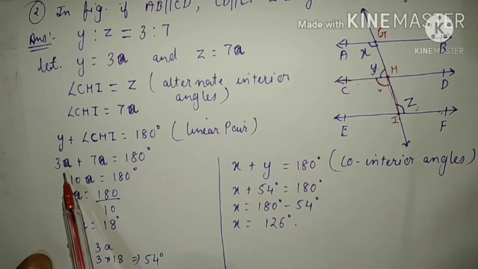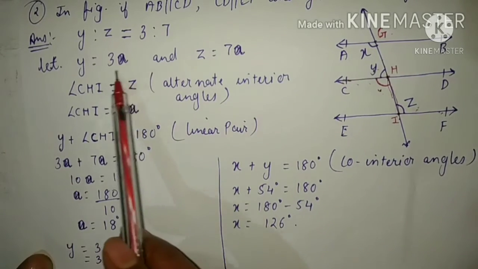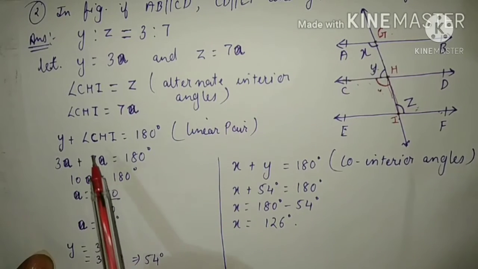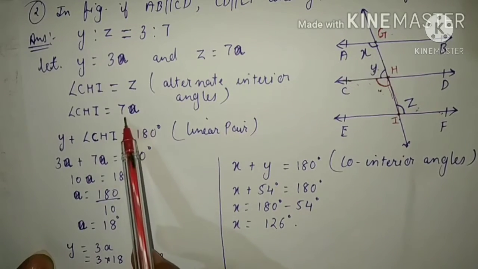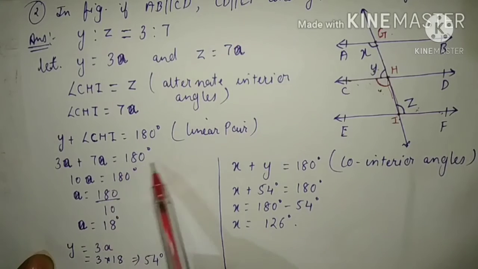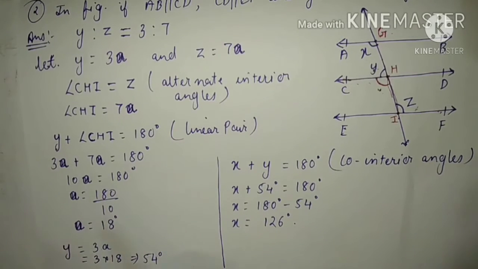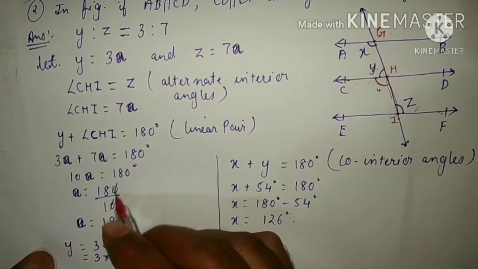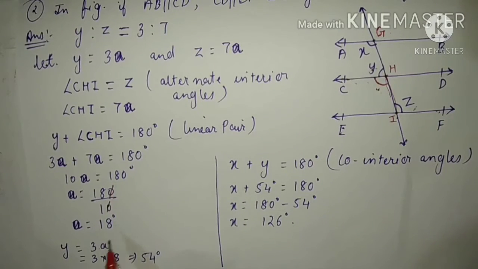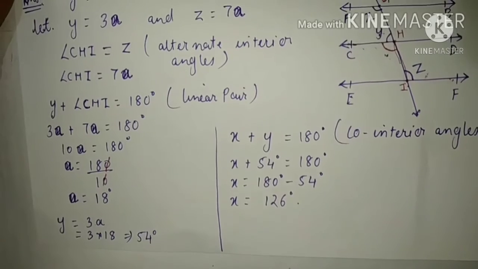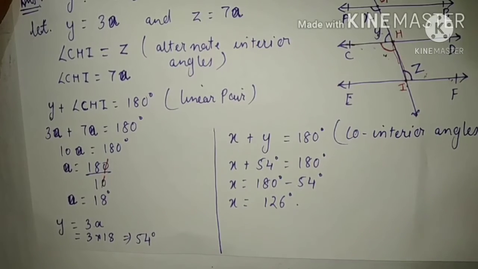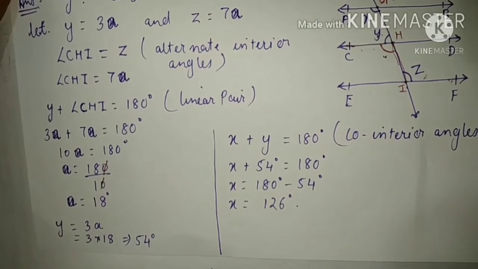So the value of angle y is 3a, this one, plus the value of angle CHI is 7a, this one, is equal to 180 degrees. Then 3 plus 7 is 10, so 10a is equal to 180 degrees. Now a will be equal to 180 upon 10, 0 and 0 will be cancelled, so the value of a will be equal to 18 degrees. Now we got the value of a equal to 18.